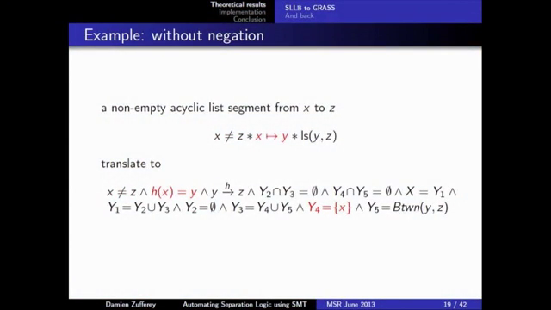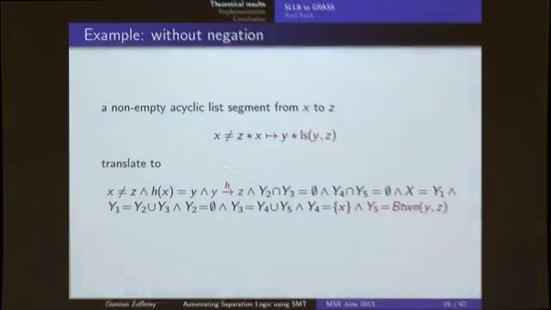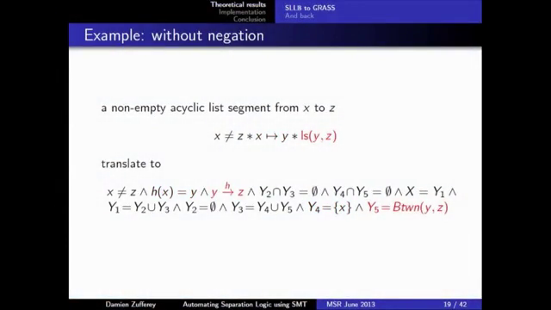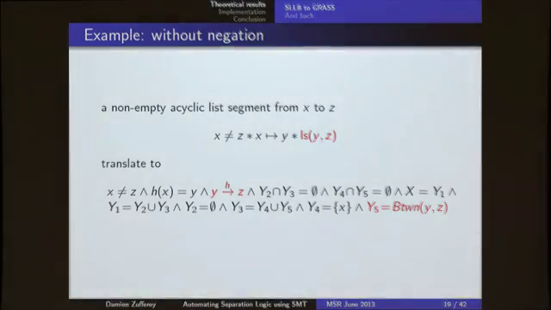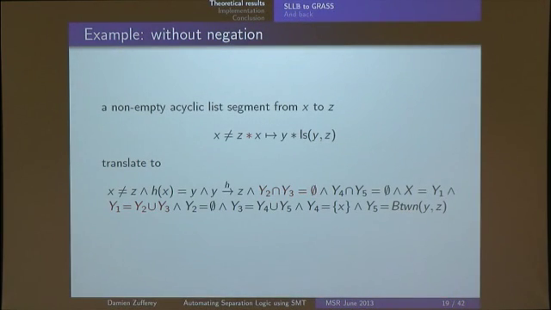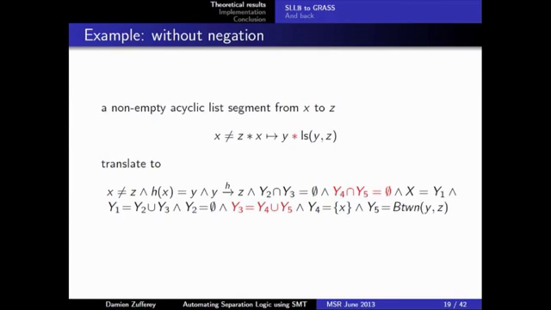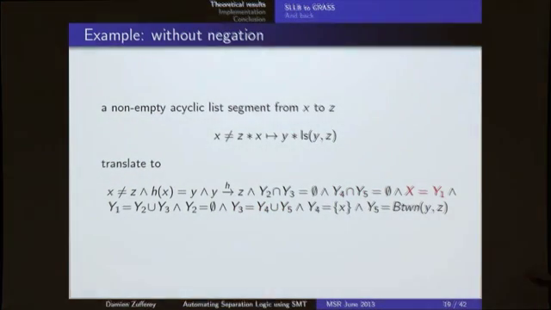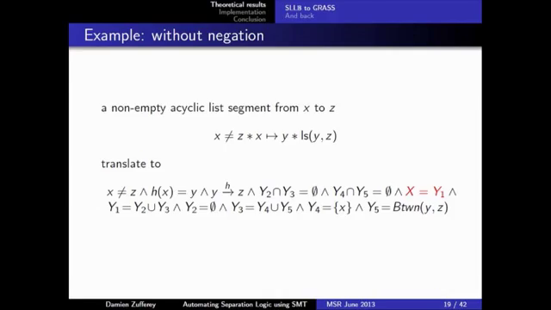Then for the pointers, kind of the same, just the successor in the part of the heap, this segment, this reachability predicate, and the between. And now, for the separating conjunctions, we have one part which is the structural constraints that say that those two parts are disjoint, and the other part saying that y1 is the union of the two. For the other separating conjunctions it is the same. And then at the top level, we have the definition of x equal y1.